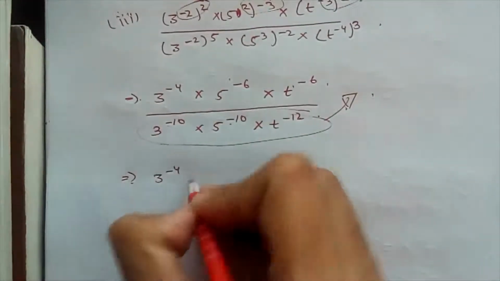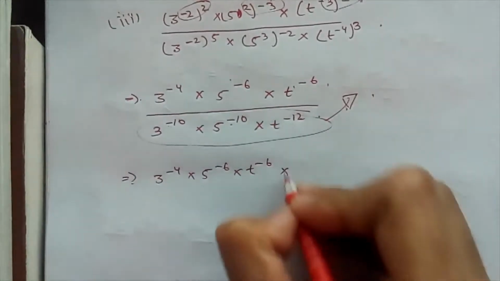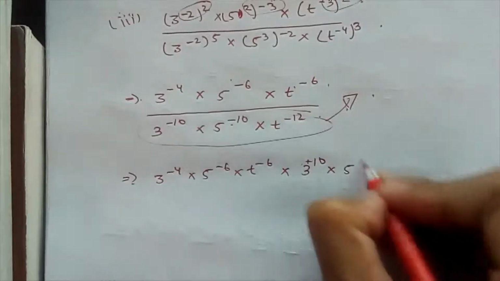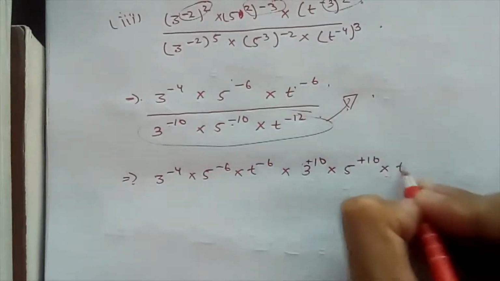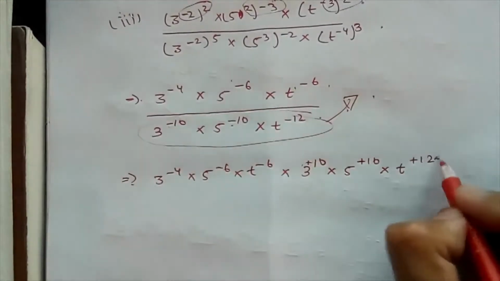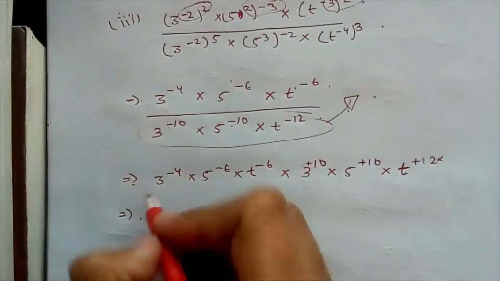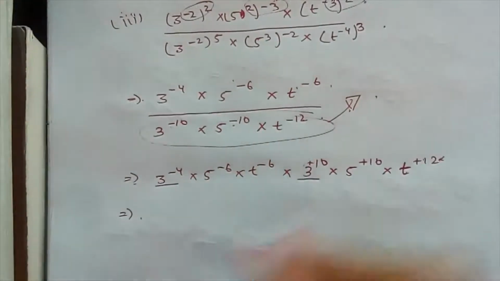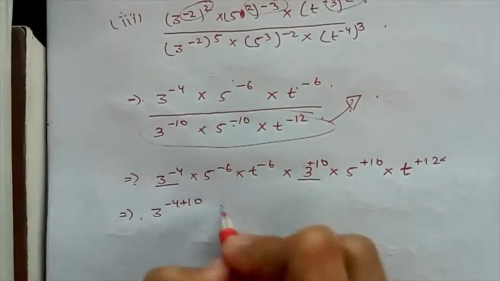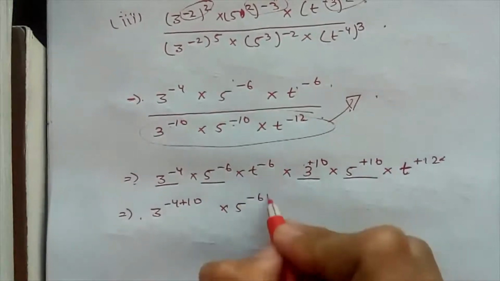So let's quickly write first the above terms that are already written there, and then it will be 3 to the power plus 10, 5 to the power plus 10, and t to the power plus 12. Done. Watch the base, add up the powers. 5 to the power minus 6, 5 to the power plus 10.